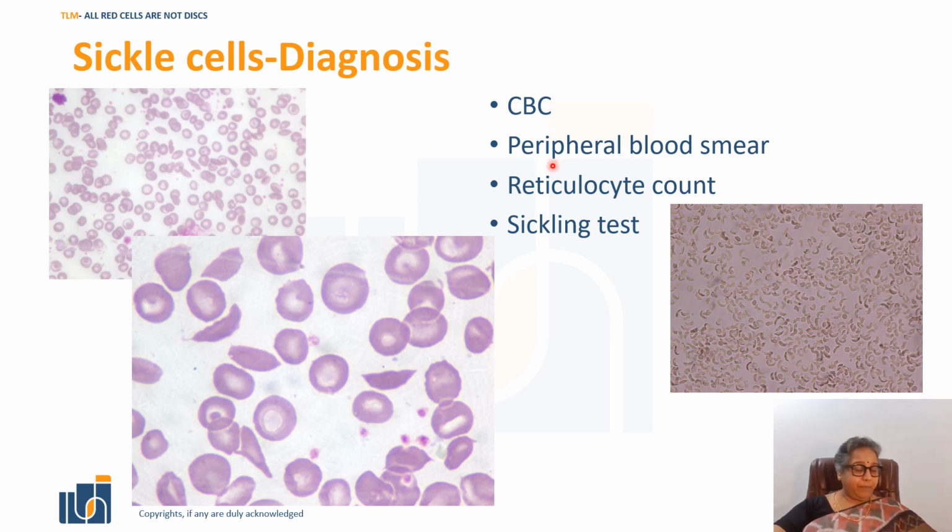So a CBC, a detailed examination of the peripheral blood film, a reticulocyte count obviously to look for evidence of hemolysis, and a sickle cell preparation or a sickling test, where you mix equal quantities of blood with sodium metabisulfite, and sodium metabisulfite removes the oxygen, giving that blood sample a deoxygenated condition, forcing these cells to sickle.